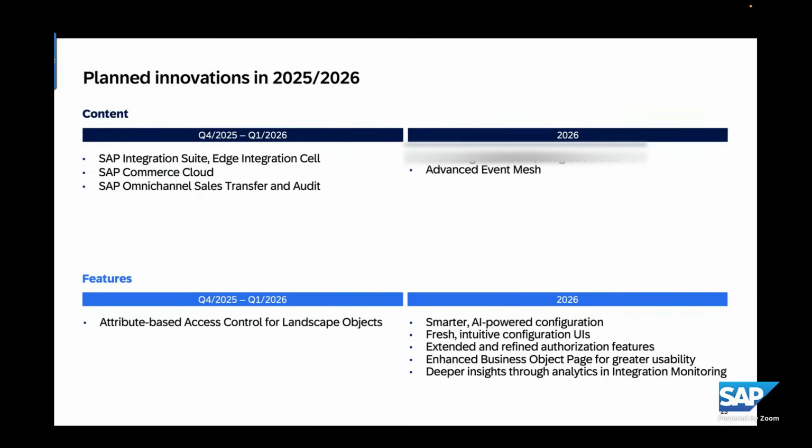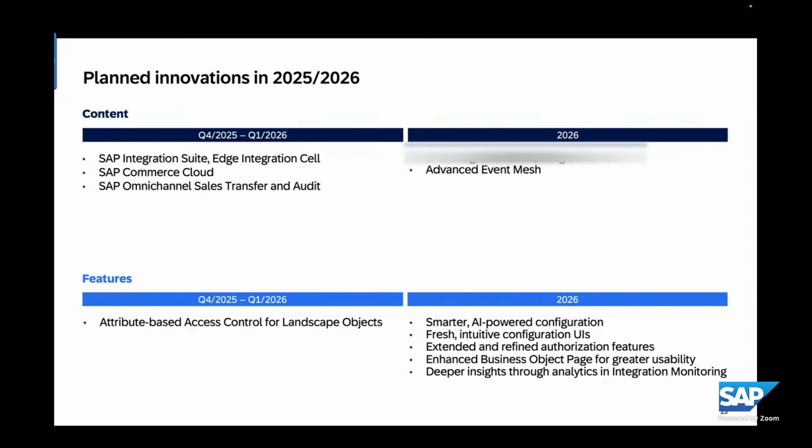For next year, we plan to do a few things in the configuration area. So here we try to leverage also AI capabilities for how to configure stuff in integration monitoring. We want to revamp our configuration UIs next year. We will simply also refine or enhance the authorization features.